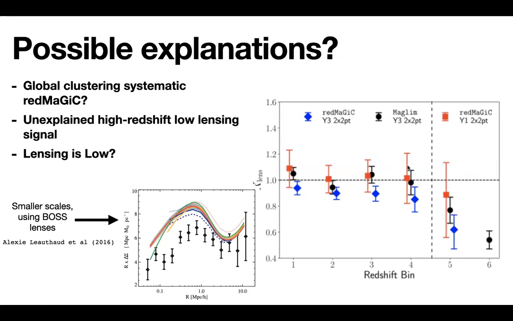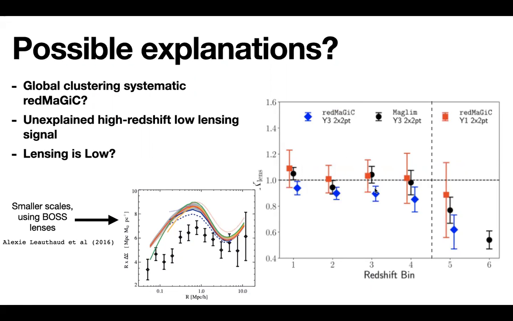So what's going on? We have a follow-up analysis in the works that we think demonstrates that the RedMagic signal at low redshifts appears to have a high clustering systematic that is currently unknown and is something that DES is working on, but shows that this only affects the very reddest end of our galaxy distribution.